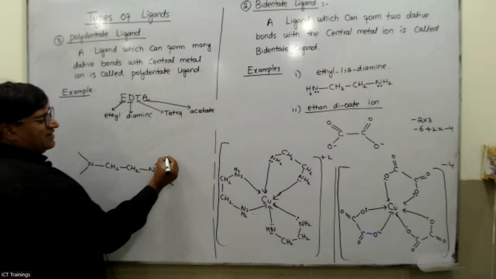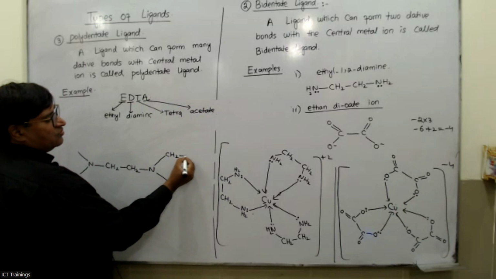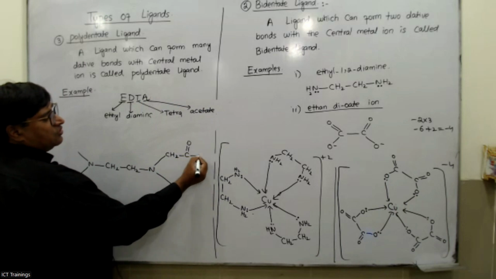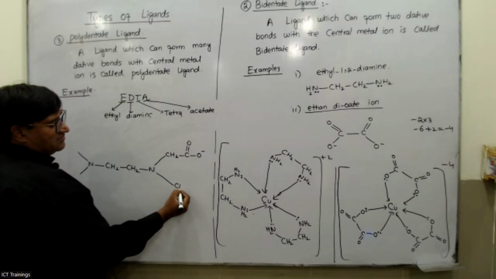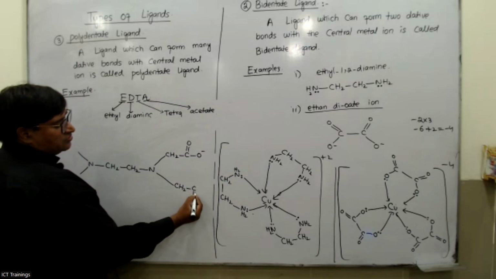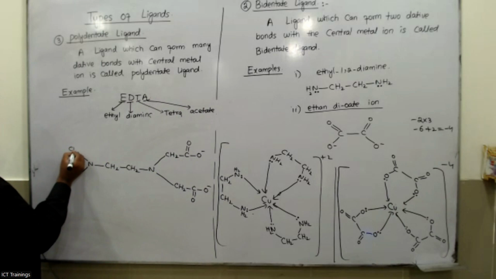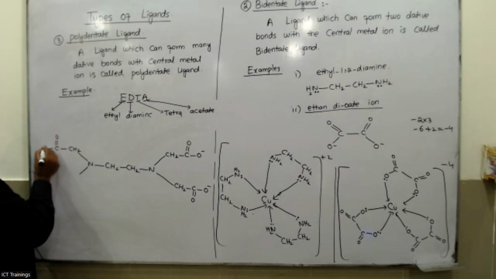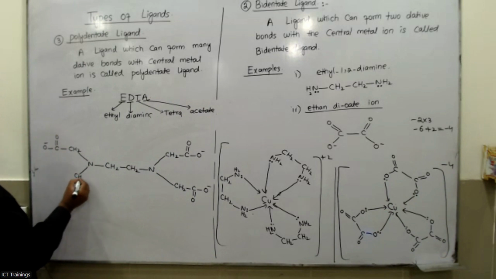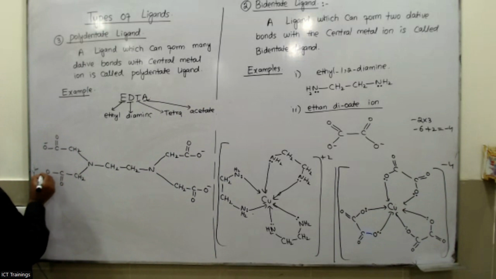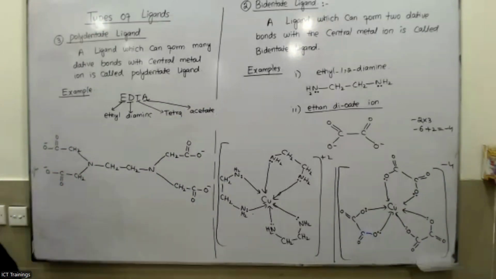Okay, so the acetate means CH2, C double bond O and O minus. This is CH2, C double bond O and O minus. This is CH2, C double bond O and O minus. This is CH2, C double bond O and O minus.